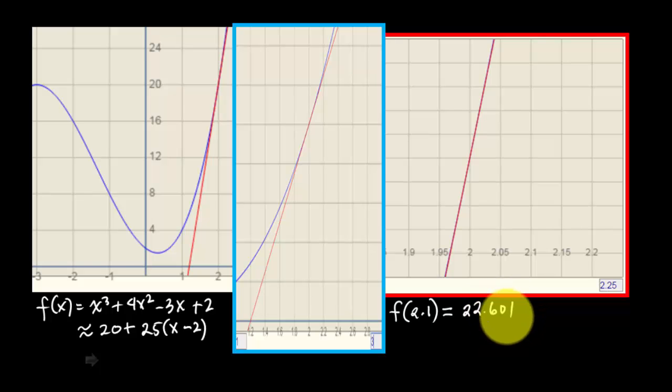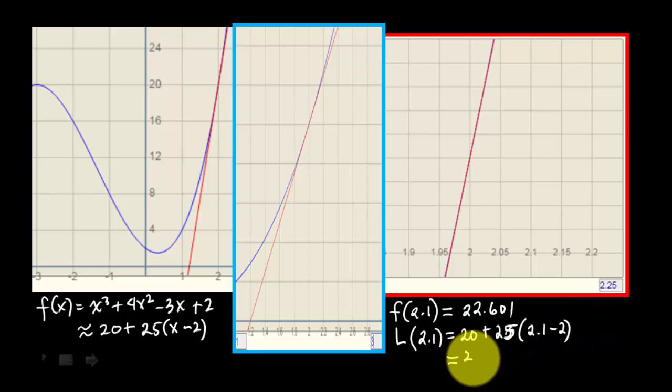Now, if I had used the linear approximation, that means I'm plugging it into the tangent line, L of 2.1 is just what? 20 plus 25 times, okay, I'm going to plug in 2.1 to the x minus 2.